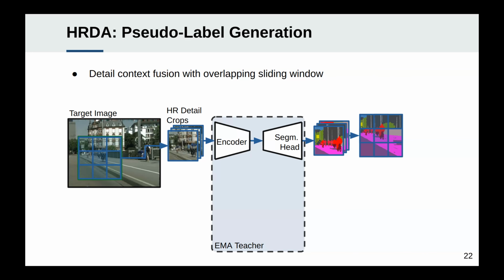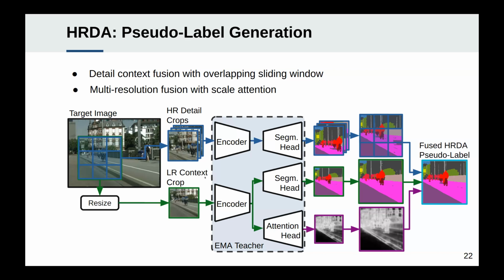The other nice part about this overlapping sliding window is the network sees different context combinations, which gives a kind of multi-view consistency learning in the training. For your low resolution, you can just take the image, then downscale it and so on. So that's quite easy. And then you have the scale attention and fuse them.